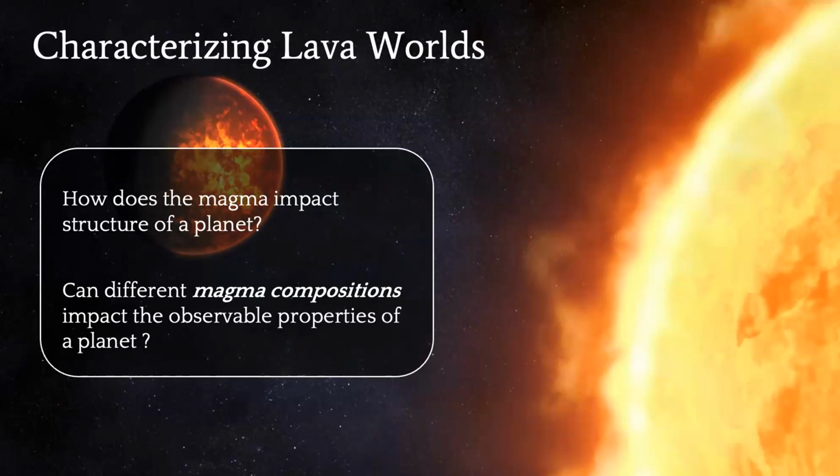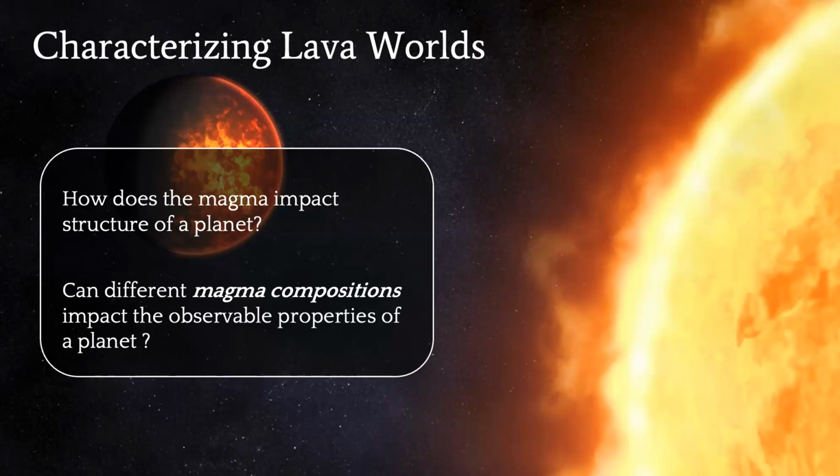Because volatiles readily dissolve within magma. However, magma also has a very interesting property where it is less dense than rock at surface pressures, but it's also highly compressible. So in theory, maybe you could have a puffed up planet like 55 Cancri e, or you could also have a really dense planet.